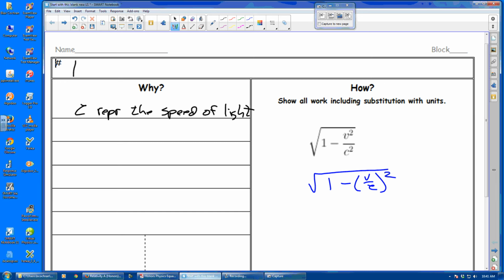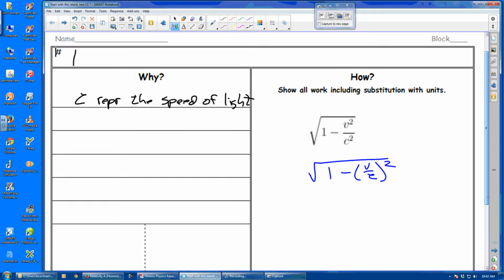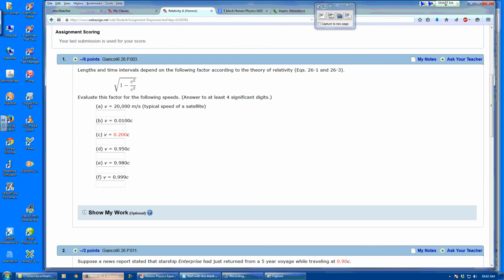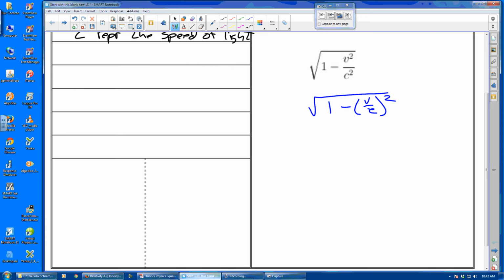If you have v in terms of c, and you leave it in terms of c, your mathematics is easier than if you have it just as a normal number. Let's take, for example, part C, which tells me minus 0.200 c.